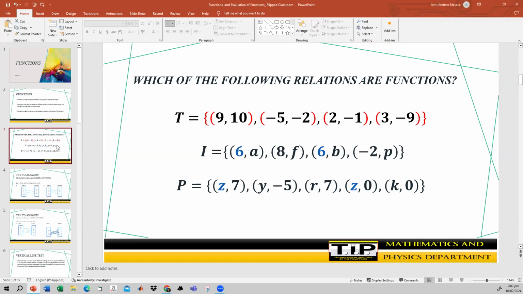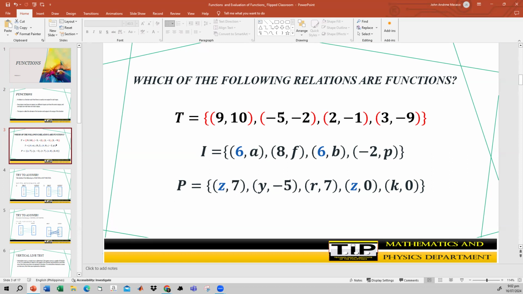So we have here relation T, which is composed of ordered pairs: 9 comma 10, negative 5 comma negative 2, 2 comma negative 1, and 3 comma negative 9.